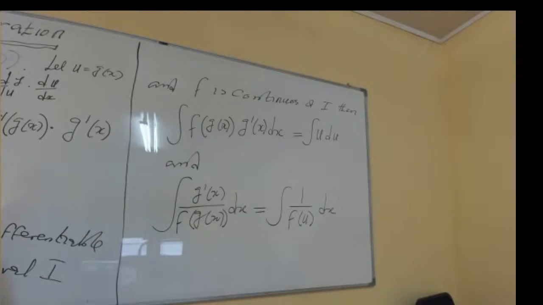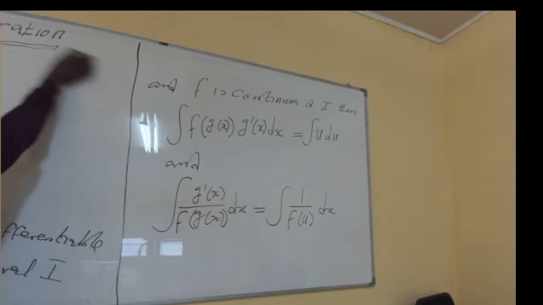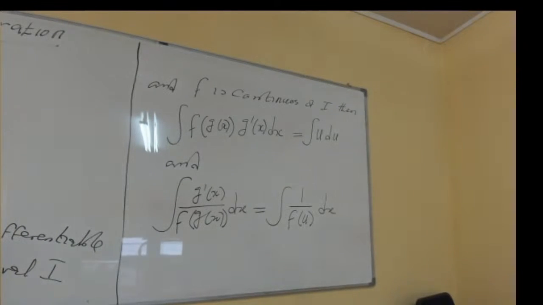Now, let's look at the procedure for integrating using the substitution method. There is a simpler way that I need to explain to you on how you can recognize what should be your u, or the derivative of u with respect to x.